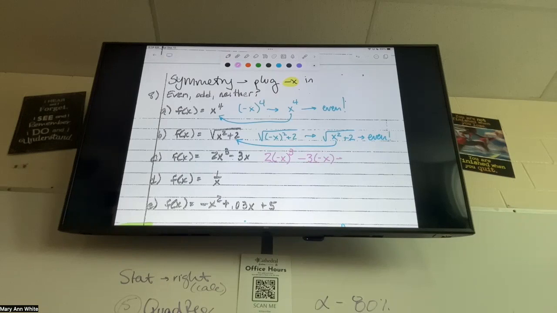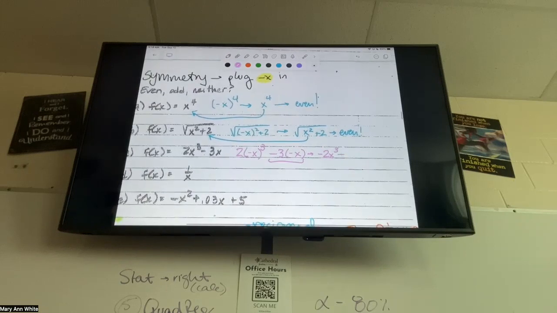Negative, so that will become negative 2x to the third, and what about negative 3 times negative x? Plus 3x, okay. Can I simplify any more? Nope. How does this relate to what we started with? It's the exact opposite, right? See how I had a plus 2x to the third and now I've got a negative. I had a minus 3x and now I have a plus. Everything is the exact opposite sign. So that means it is odd.